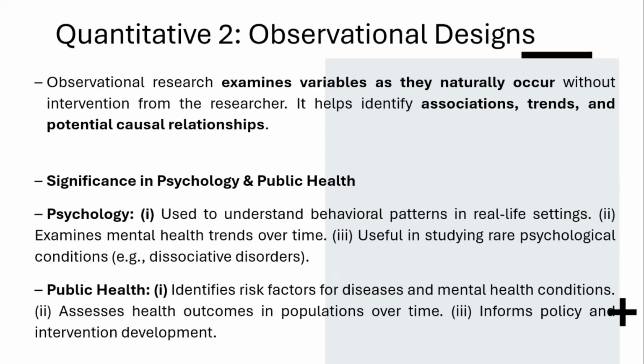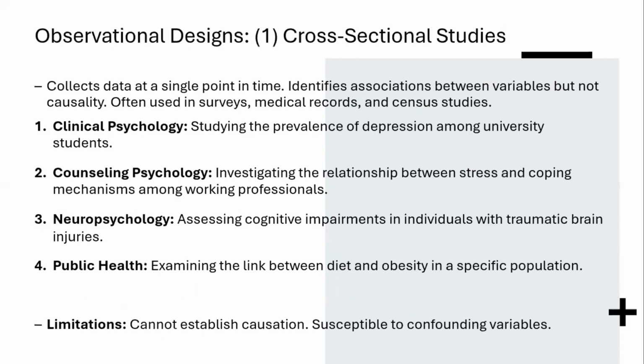It can also be used to examine mental health trends, and it's also useful to study real psychological conditions. In public health, it can be used to identify risk factors, and it can also help to assess health outcomes in populations. All of these help to shape policies in very significant ways.